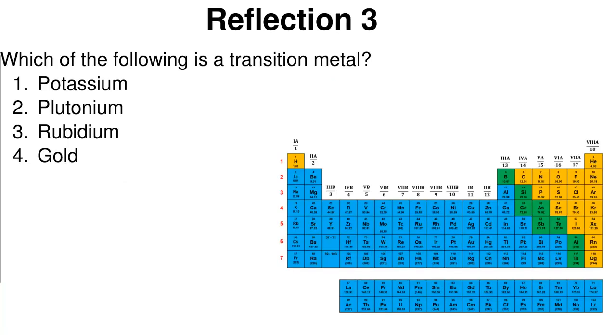Now we go to the next question. It says, which of the following is a transition metal? That's a keyword. Of course, the transition metals are those located within this block. There are the extended ones, which we're going to talk about at a different time. So here, which of the following is an example of a transition metal?